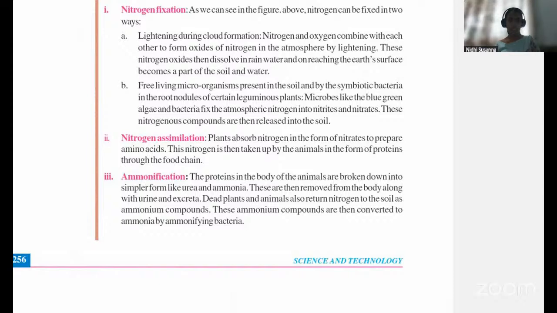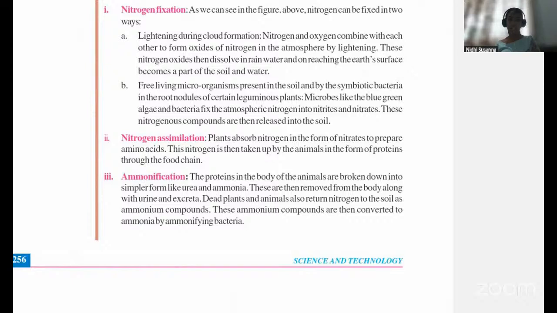The proteins in the body of the animals are broken down into simpler forms like urea and ammonia. These are then removed from the body along with urine and excreta.